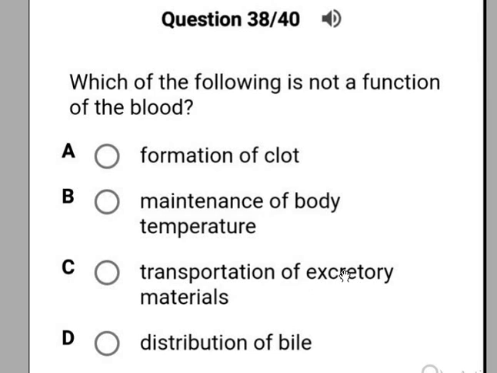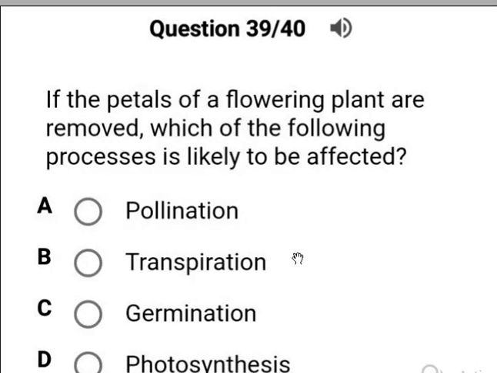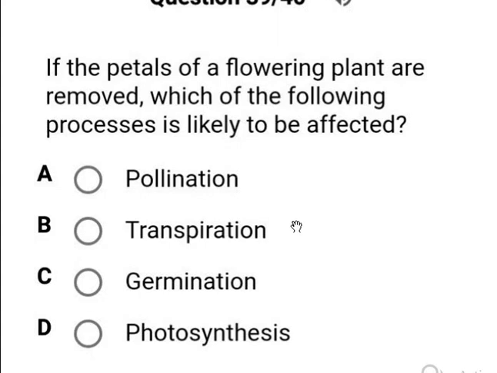Moving to the next question, which is 39. If the petals of a flowering plant are removed, which of the following processes is likely to be affected? A. Pollination. B. Transpiration. C. Germination. And lastly, photosynthesis.